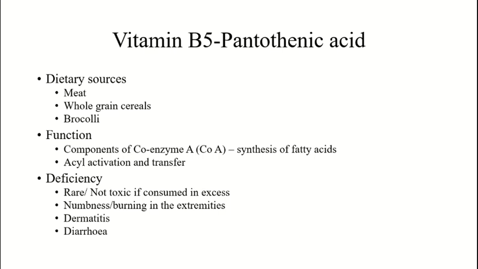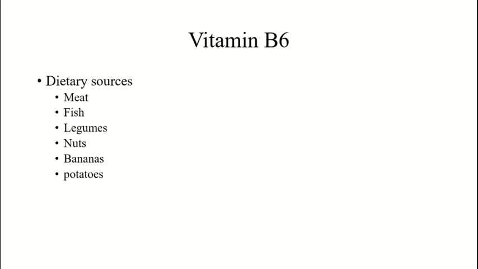Based on the experience of prisoners of war in World War II and studies of diets lacking pantothenic acid in conjunction with administration of antagonists of pantothenic acid metabolism, a deficiency is associated with numbness and burning of the hands and feet, headache, fatigue, irritability, restlessness, disturbed sleep, and gastrointestinal disturbances with anorexia. Okay? All right.